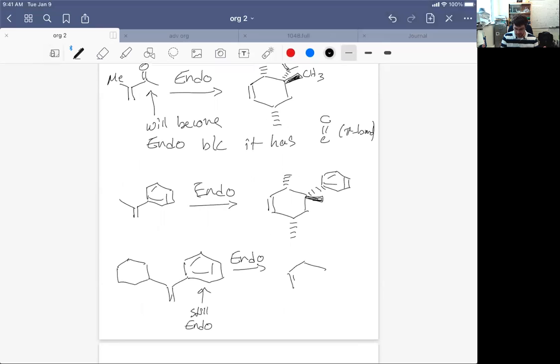You haven't drawn them where the benzene ring is on the left. What I'm doing is trying to illustrate that the dienophile will rotate on itself so that it can adopt something that puts that benzene ring endo. That's still following the endo rule, we would say. It's a little bit more clear when everything is hydrogen. This is a big molecule, but this becomes the endo product in this case.